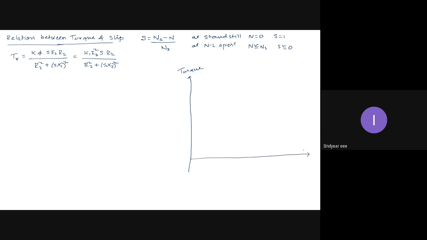It can be the relation between torque and slip and also speed, because slip is found in terms of speed. So as the speed increases, let this be slip, and let this be one more axis, which is speed. Initially the speed is 0.